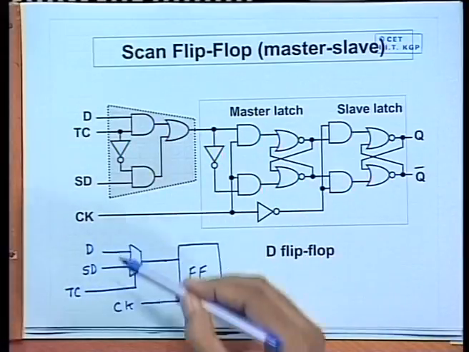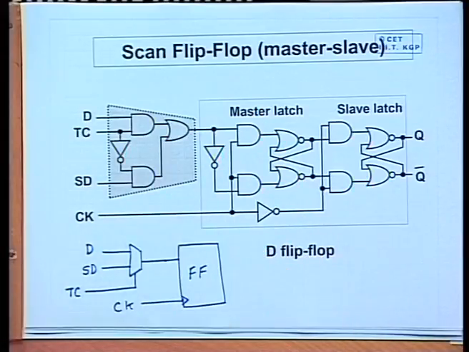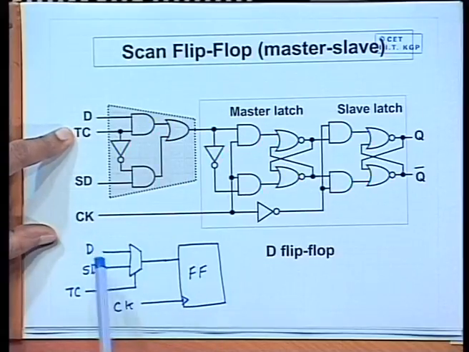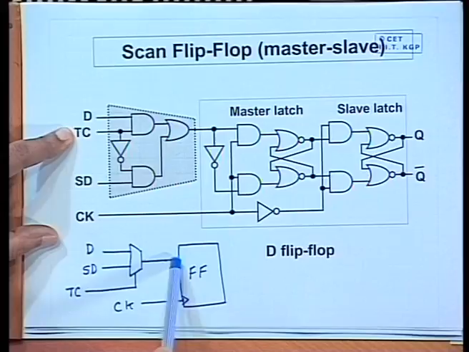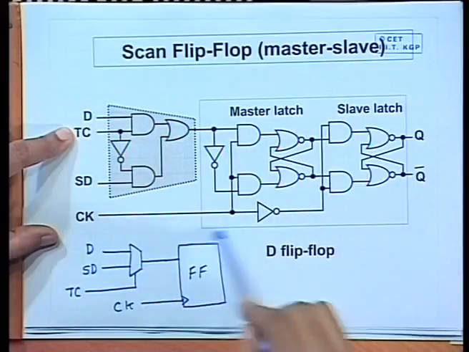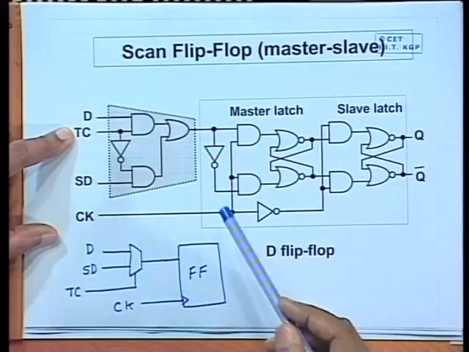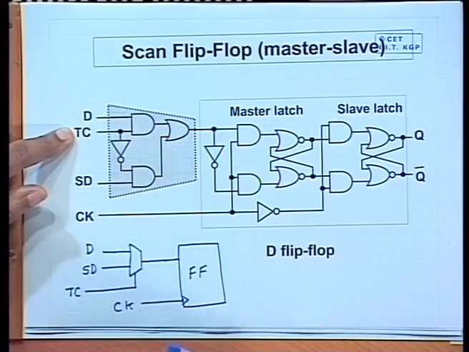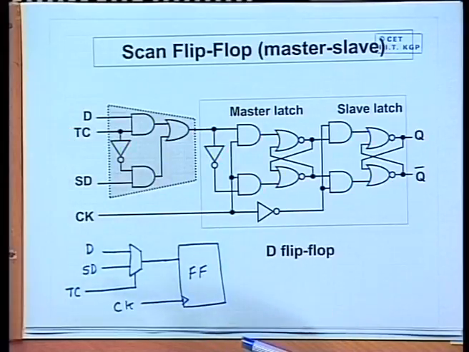This is functionally what is happening. The test control is deciding whether the normal data input will go in or the scan data input will go in. Now, let us see how this kind of structure can be configured so that in the test mode the flip flops behave as a shift register.